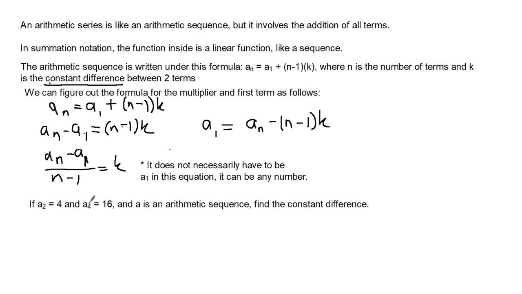In this example, we have a sub 4, which is 16, minus a sub 2, which is 4, so 16 minus 4 is 12, and then 4 minus 2 is 2, so our constant difference is 6. That's it, simple.